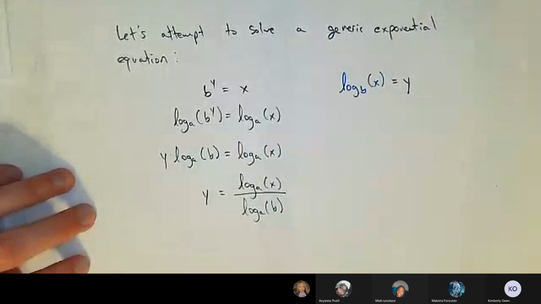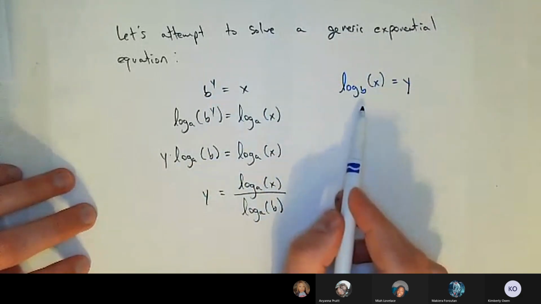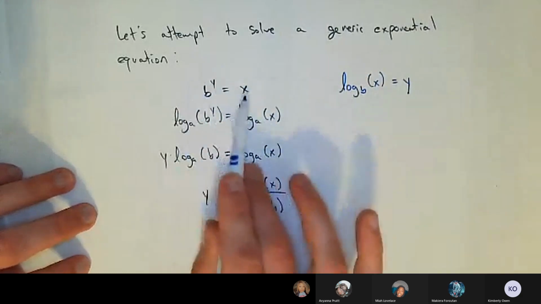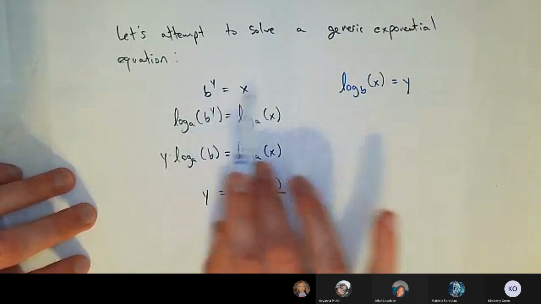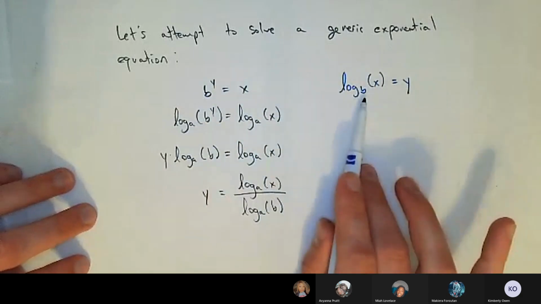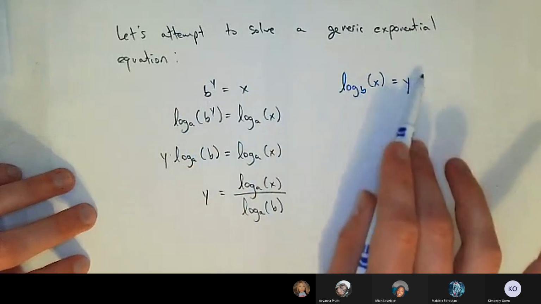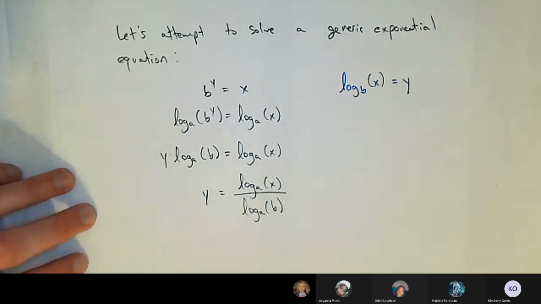Remembering all the way back from the beginning of 4.3, we can rewrite any exponential equation in this form. That was the first definition of the log that we saw. It has the same base, so the base of the exponential is the base of the log, and then the y is explicitly solved for, and the x ends up being the input of the log.